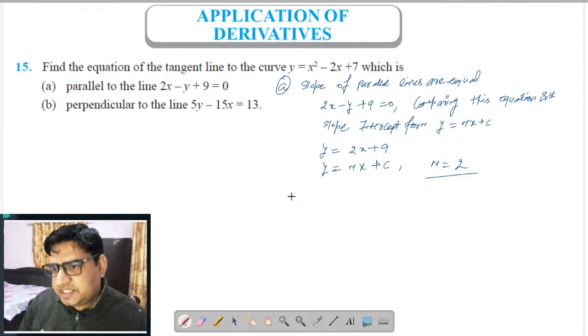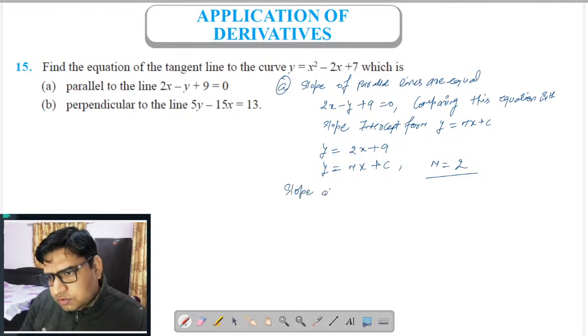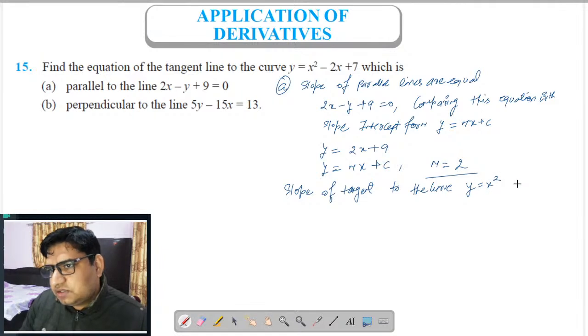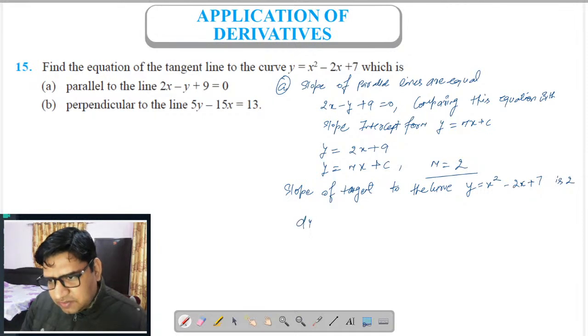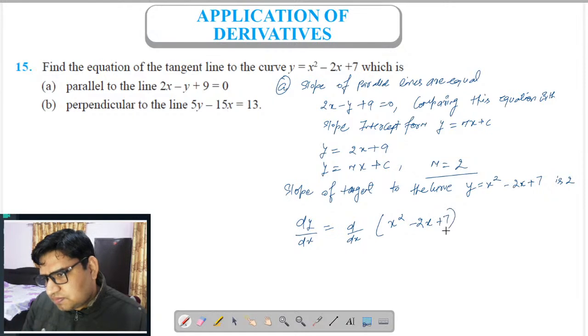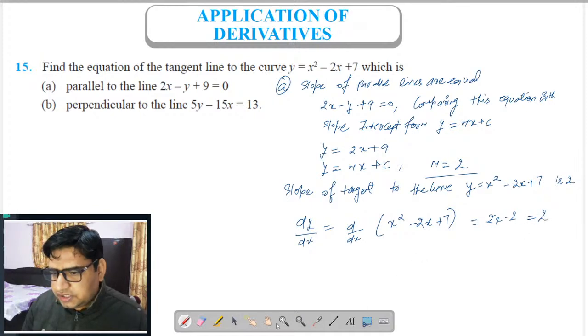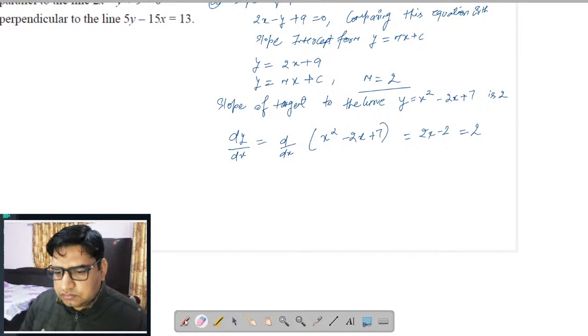So now we will find the slope of tangent to the curve. Slope of tangent to the curve y is equal to x square minus 2x plus 7 is 2, because parallel lines have equal slope, and dy by dx is equal to dy by dx of x square minus 2x plus 7, and that will be 2x minus 2, and that should be equal to 2.